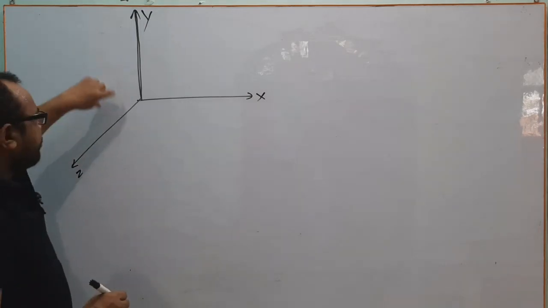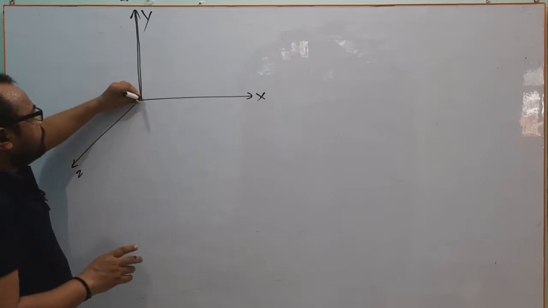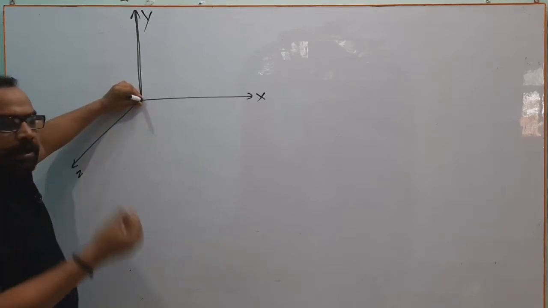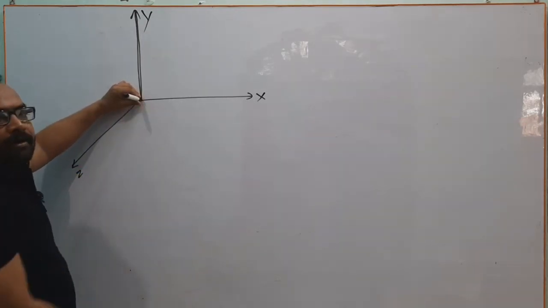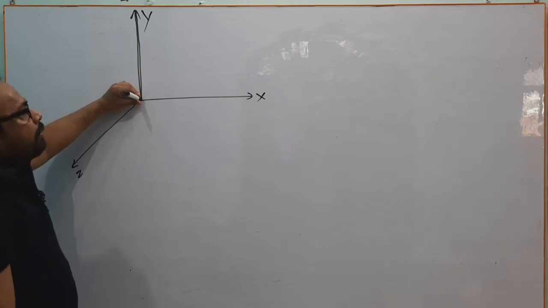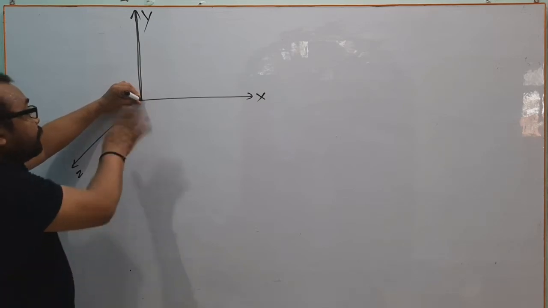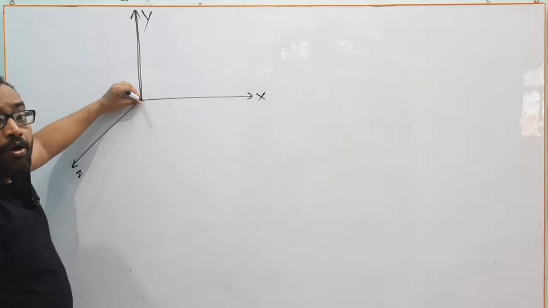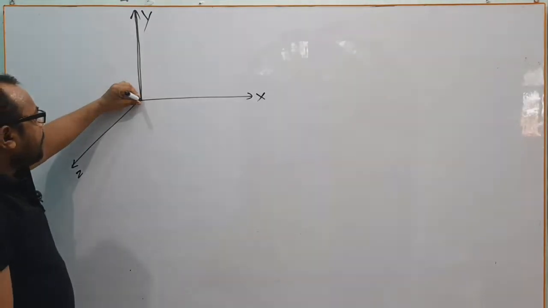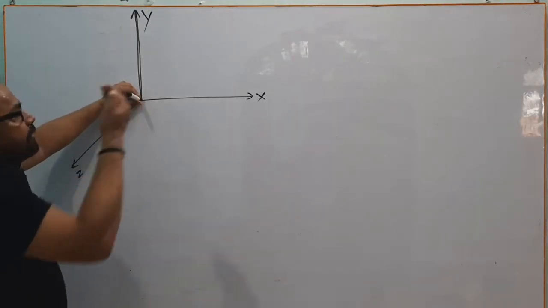Keep in mind that the direction of the z-axis cannot be shown on this figure, so you can only assume that the z-axis is along this.